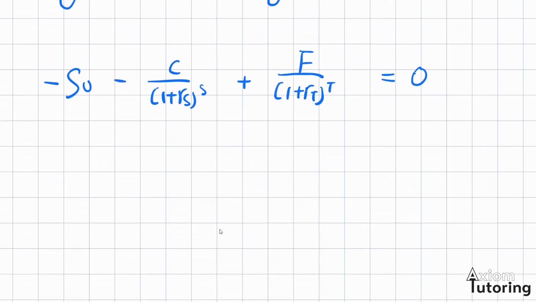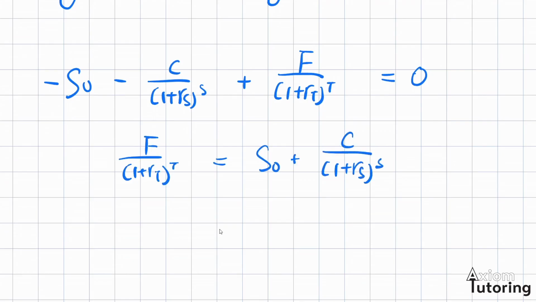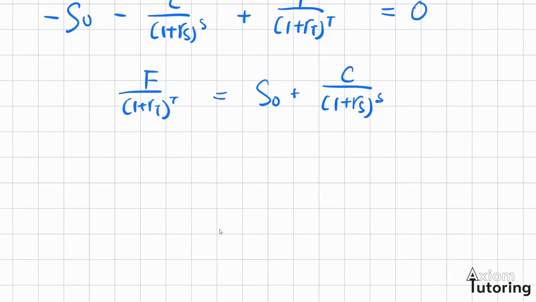So in this case, we're just going to rearrange this a little bit. Okay, so we put F times (1+RT) to the power of T is equal to S0 plus C divided by (1+RS) to the power of S. Okay, and then we move the denominator from the left hand side to the right hand side.